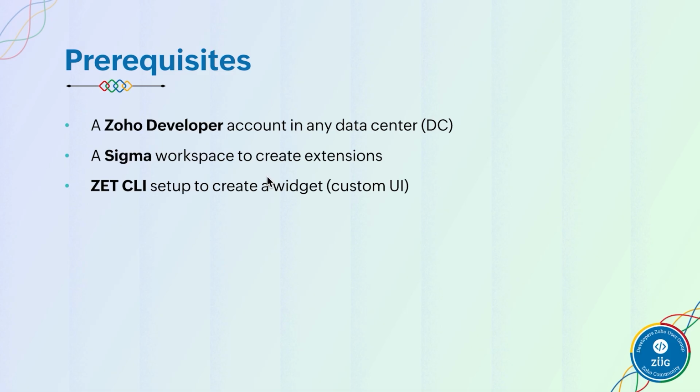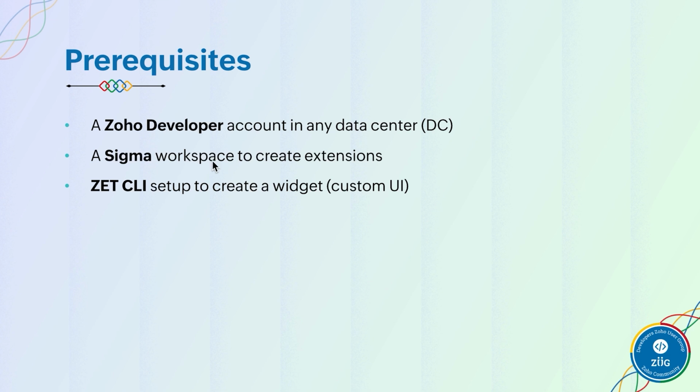So as a developer, to build a custom action in Zoho Books, you should have a Zoho developer account in any of the data centers available. Only then you will be able to access Sigma, which is the extension development platform for any of the Zoho products. Then, if you are accessing Sigma for the first time, you should create a workspace to start building your extensions.